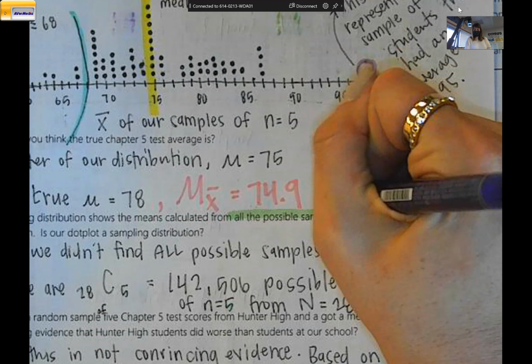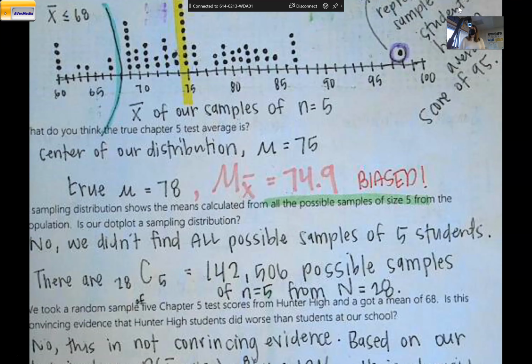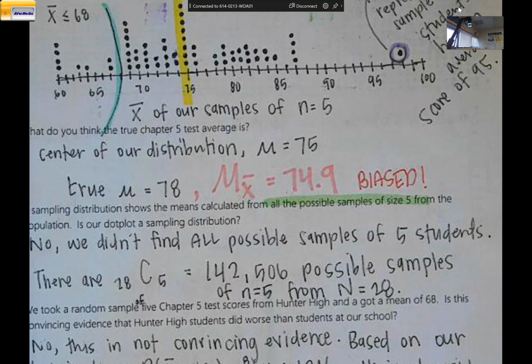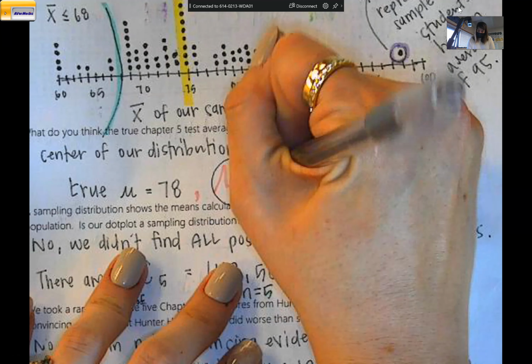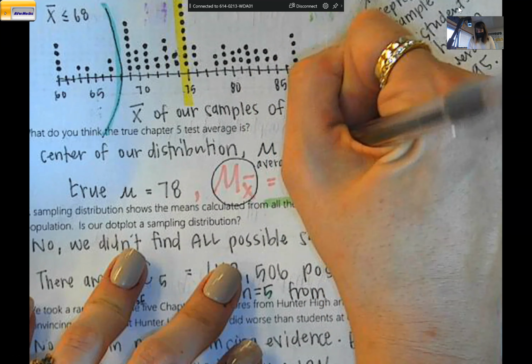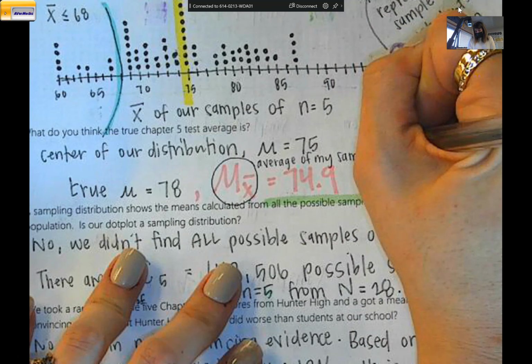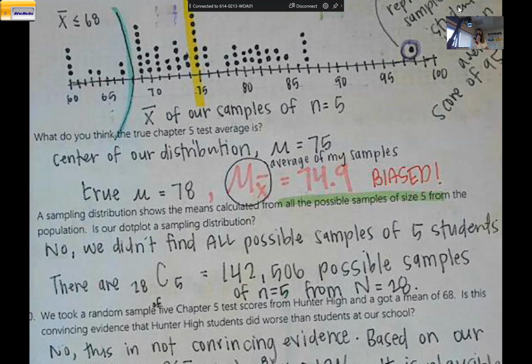Your true mu needs to equal the average of your samples. I'm going to write that in. This is the average of my samples, or sample values, whichever you prefer.